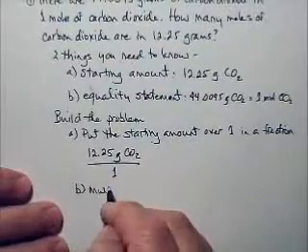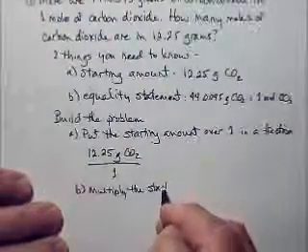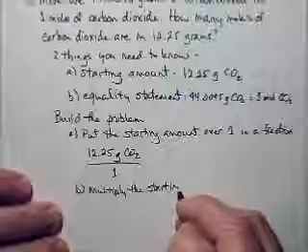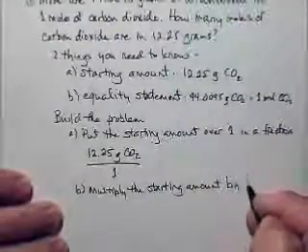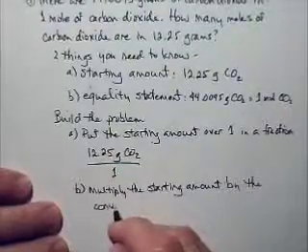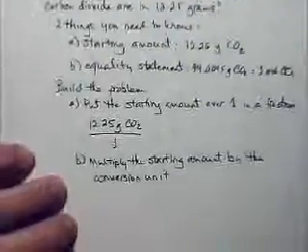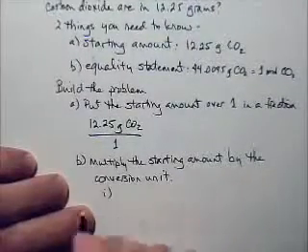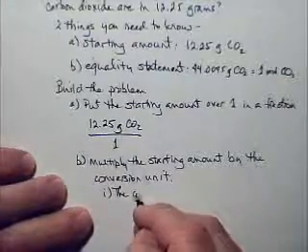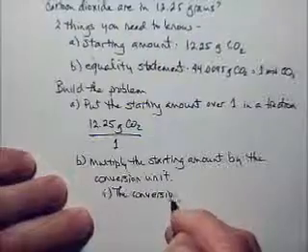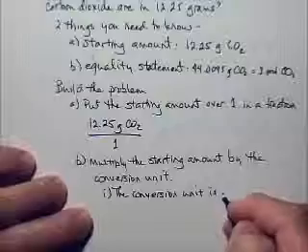We're going to multiply that starting amount by a fraction. Now the conversion unit is built from the equality statement, and it's a fraction.